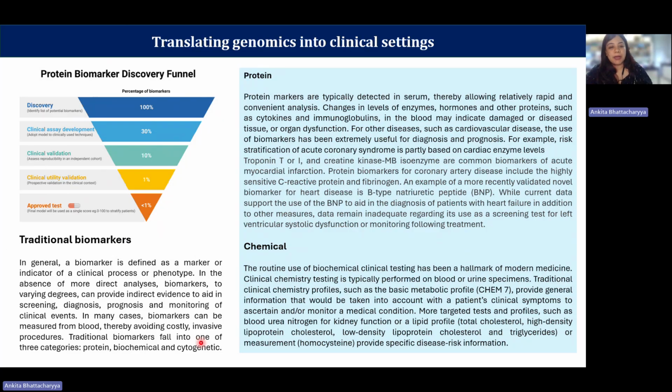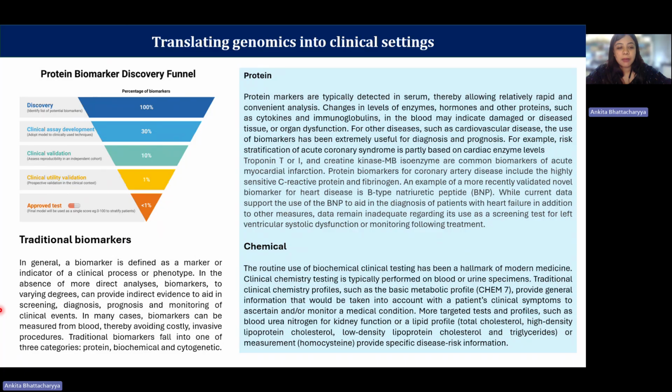So traditionally, biomarkers are defined as the marker or the indicator of a certain clinical process or a phenotype. In absence of more direct analysis, biomarkers in varying degrees can provide indirect evidence to aid in screening, diagnosis, prognosis, and monitoring of clinical events.